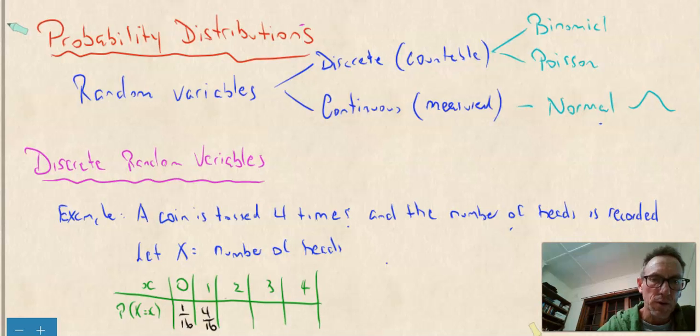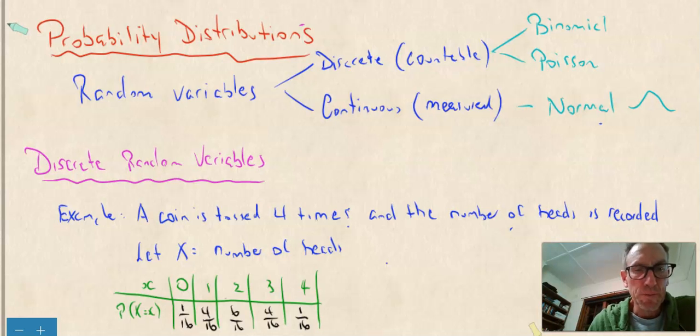At the other end, 4 heads will also be 1 in 16. You might notice that this is looking a little bit binomial. 2 heads will be 6/16, and 3 heads will be 4/16. 1, 5, 11, 15, 16 over 16. There's our probability distribution.